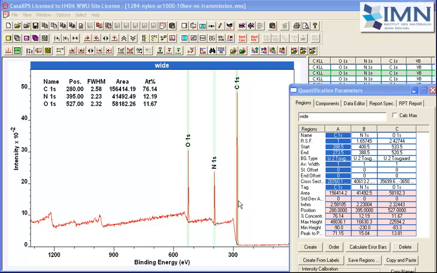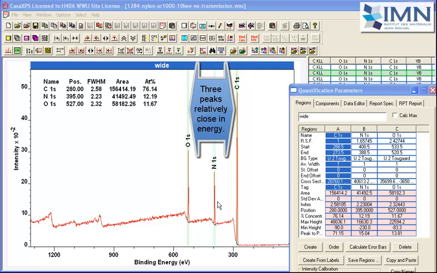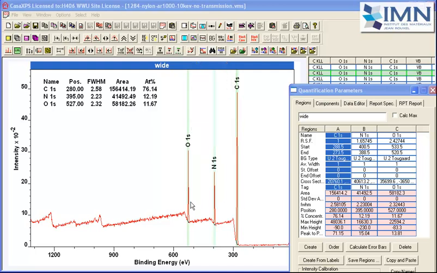So the kinetic energy of the different electrons from the nitrogen, carbon and oxygen, they all come from a slightly different depth, so you have to make a small adjustment for the escape depth. The other side to this is that these are very close, so that adjustment is relatively small. When I say close, they're close in kinetic energy, so they're all sampling close to the same depth.